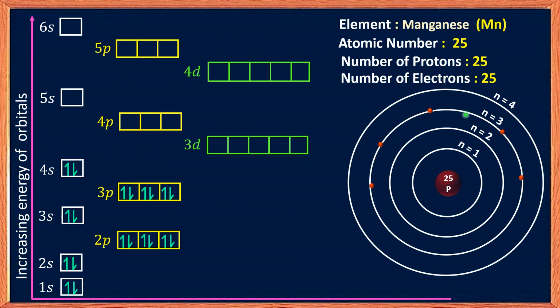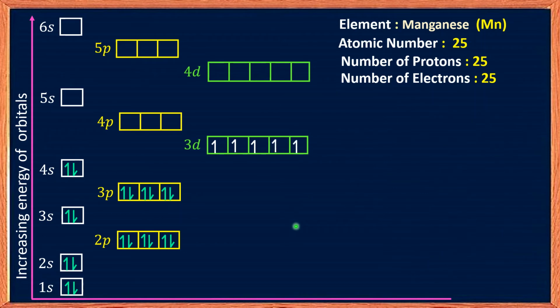Now 5 electrons are revolving in third orbit and all these 5 electrons will enter into 3d subshell, and all these 5 electrons occupy empty orbitals. Okay, according to Hund's rule, all orbitals are singly filled at first, then pairing will be taken place.